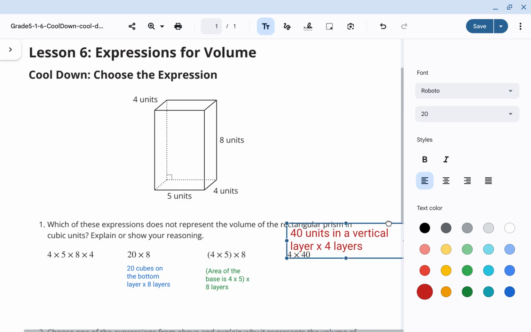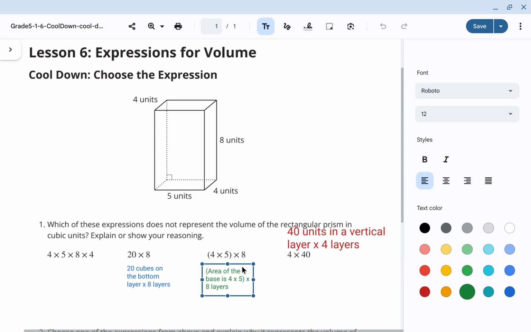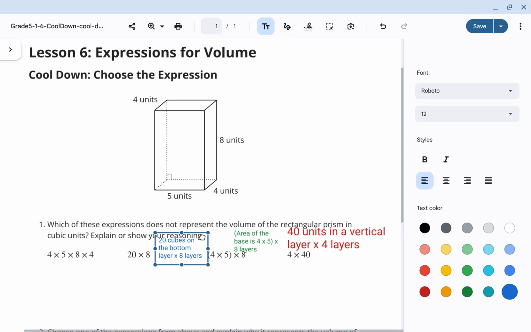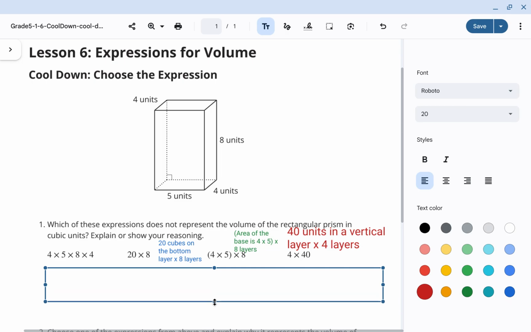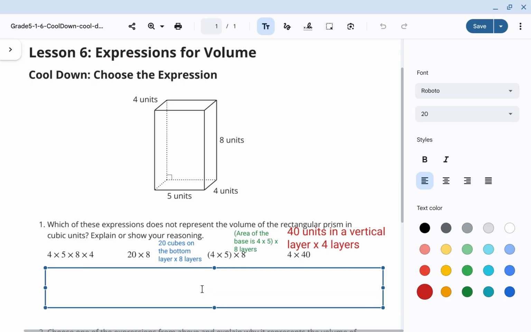So I am going to move our brainstorm answers up top now that we've talked through those, because these are not our answers. That was really like our brainstorm, okay? Now I am going to go ahead and do an answer box down here, because now I'm going to talk about the one that does not work. And the one that does not work is the first one.